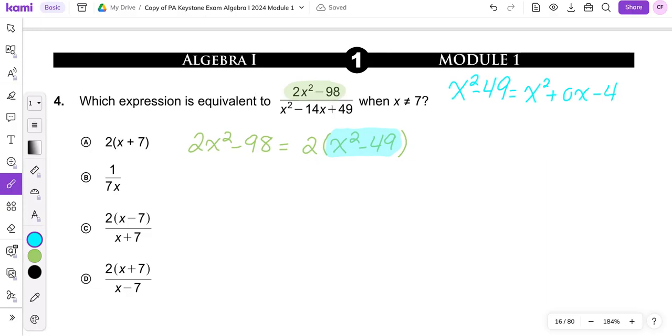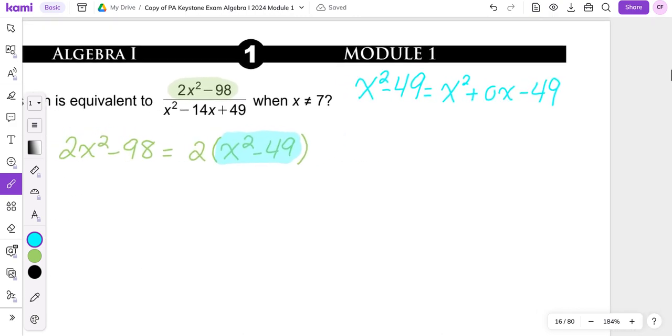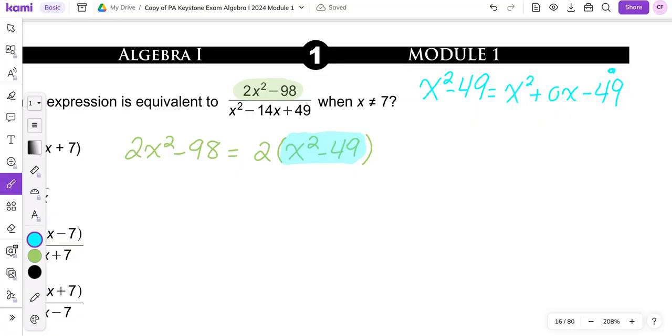And then we could factor it like we normally do. What times what is negative 49 and adds to be 0?